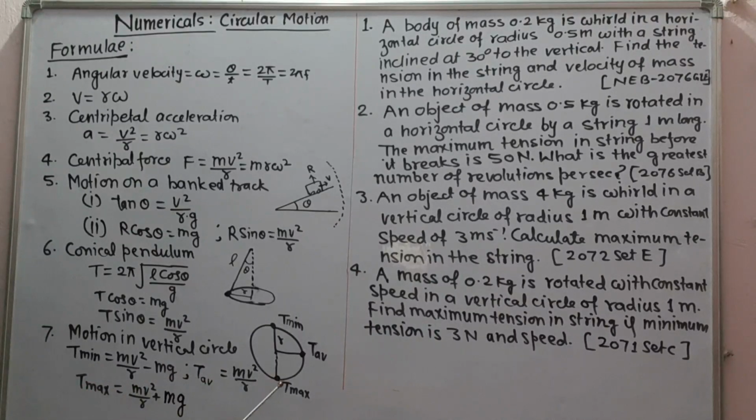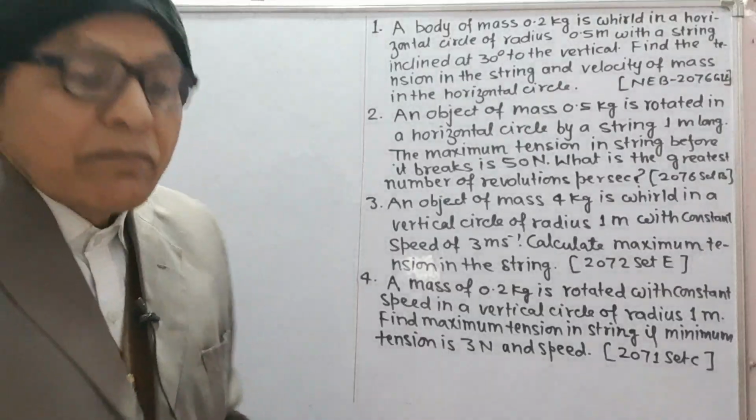Maximum tension is at the lowest point, mv square upon r plus mg, and average tension is at horizontal point, T average is equal to mv square upon r.